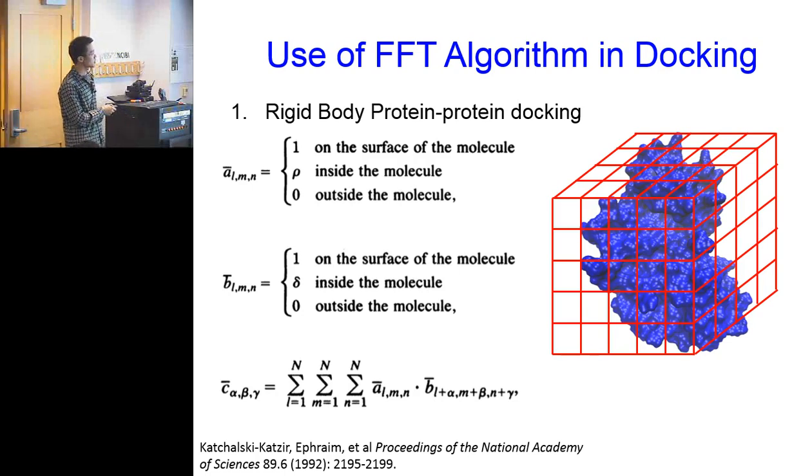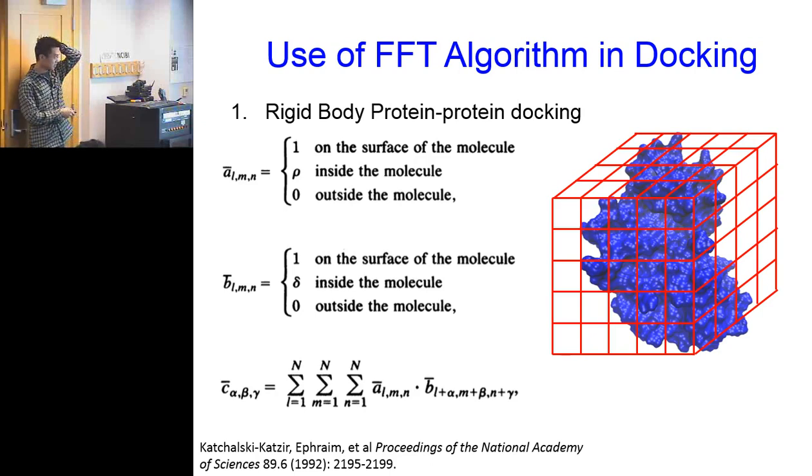The value will be equal to 1 if the grid point is on the surface of the protein. It will be equal to 0 if the grid point is outside the protein. It will be equal to a negative number, a small negative number, if the grid point is inside the surface of the protein.